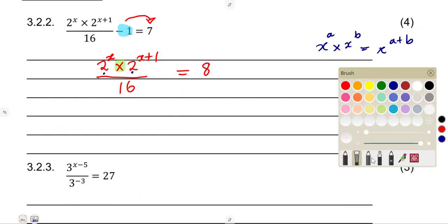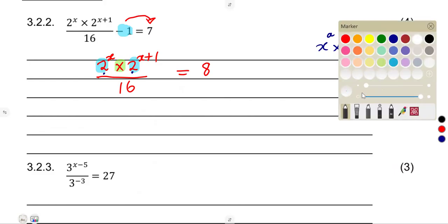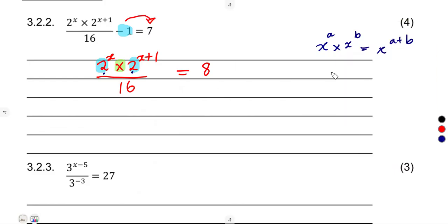So there we have got the same base, the base of 2, the base of 2. Under a multiplication, add the exponents. So that's 2 to the exponent of x. We add the other exponent. So the first one is x, then we add this one, which is x plus 1.